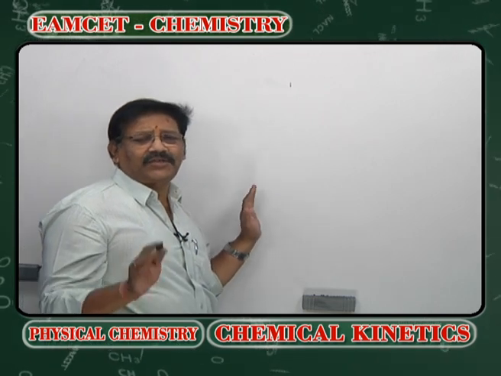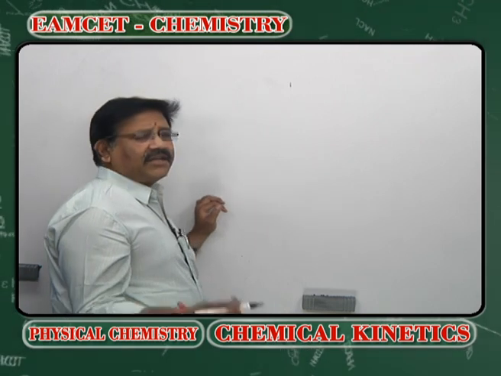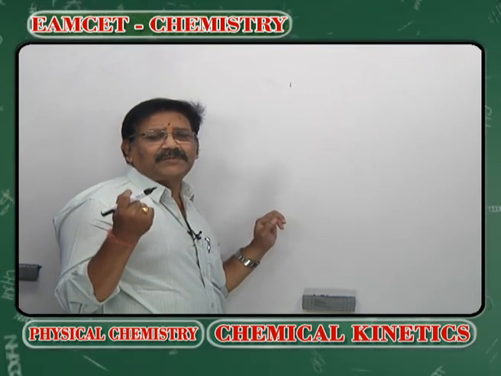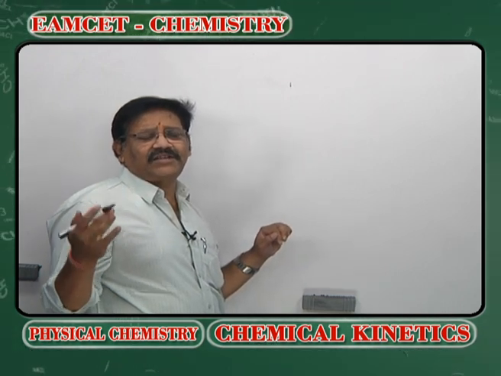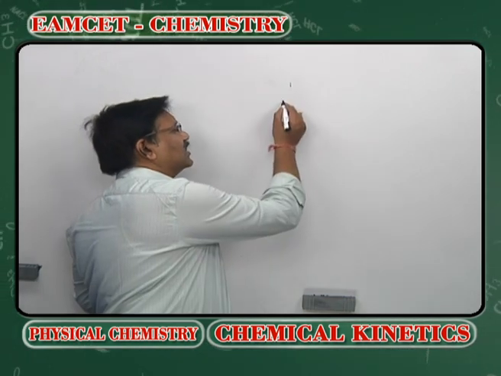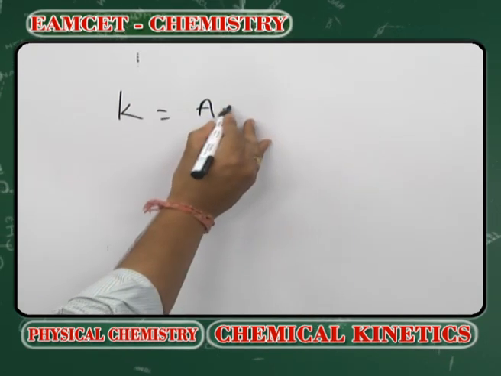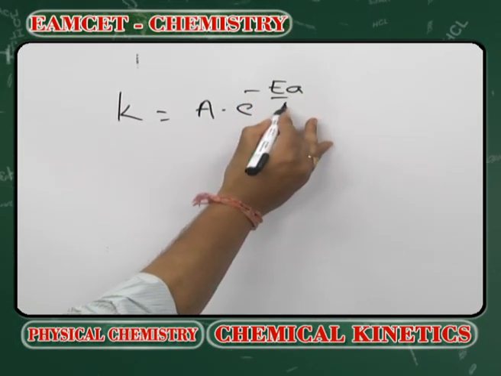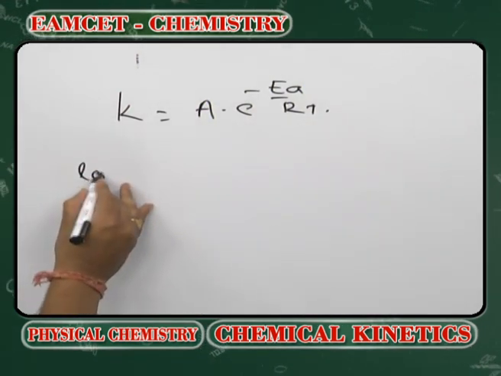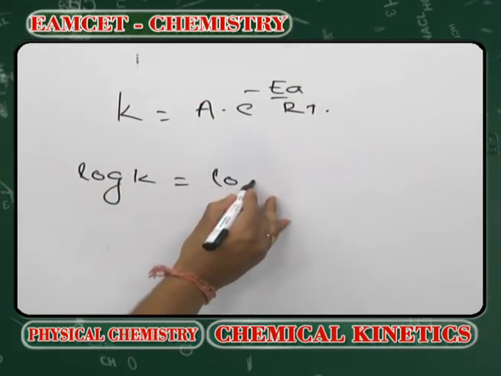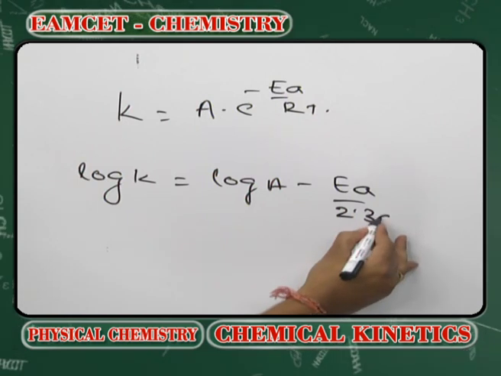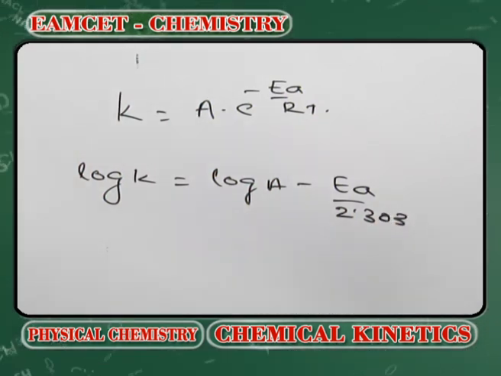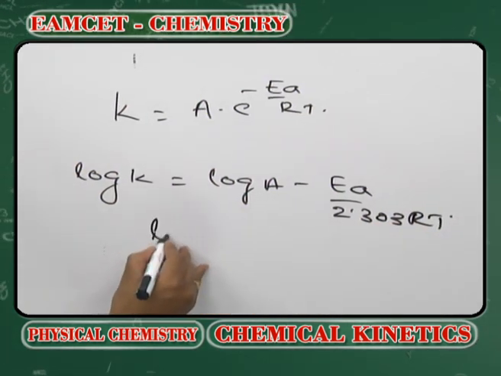Rate is inversely related to the activation energy, and Arrhenius proposed a relation between rate constant, activation energy and temperature, which is taken as k = A e^(-Ea/RT). Log k = log A - Ea/(2.303 RT).